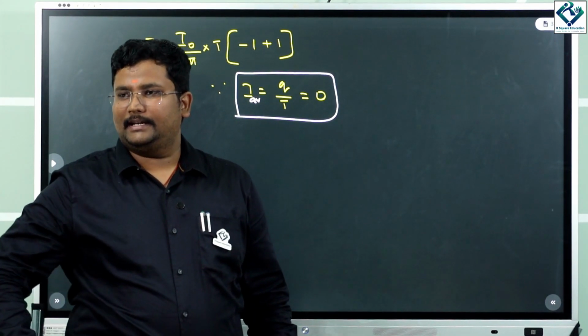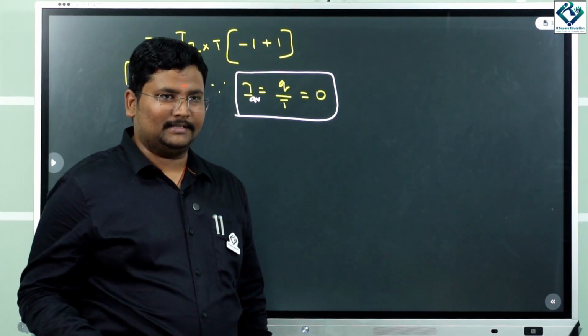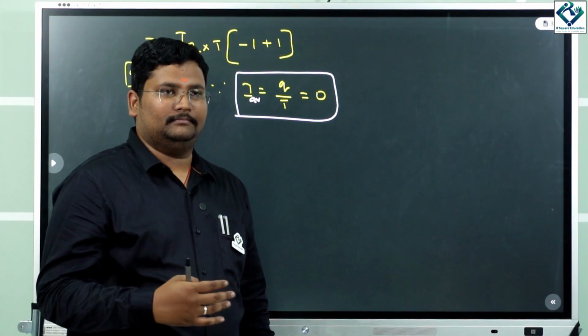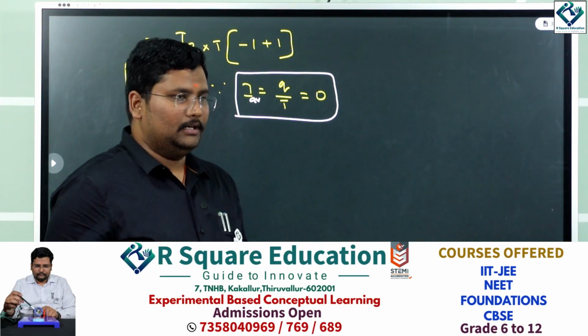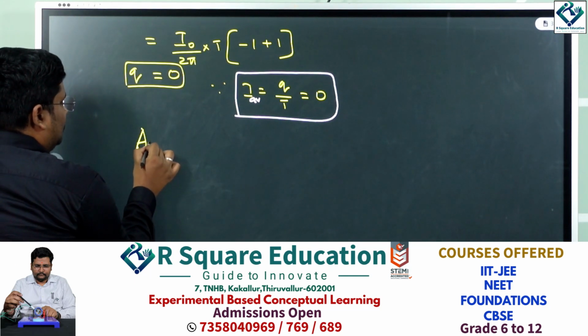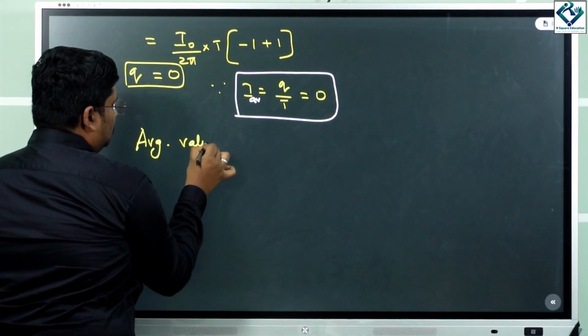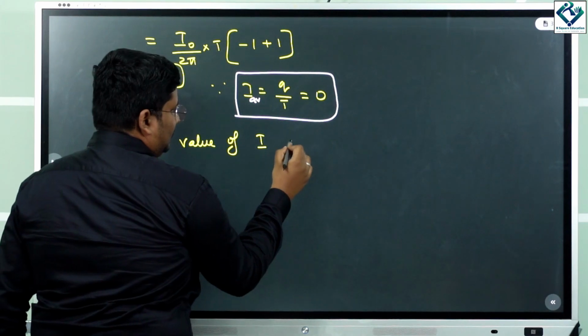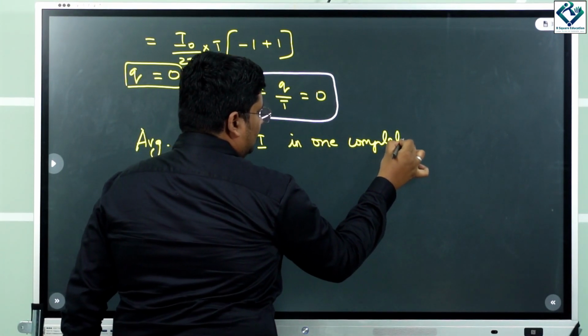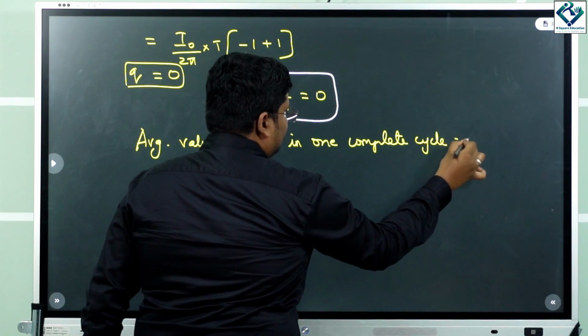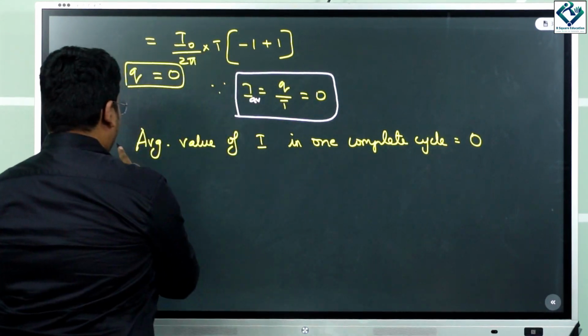It is basically the same because the magnitude reverses its direction with same values. So obviously they will cancel each other. So the average value of current in one complete cycle is equal to 0.